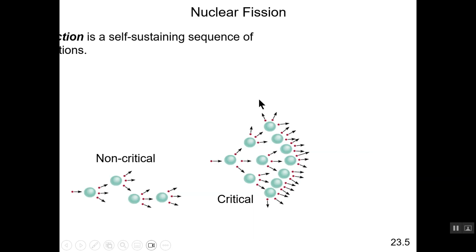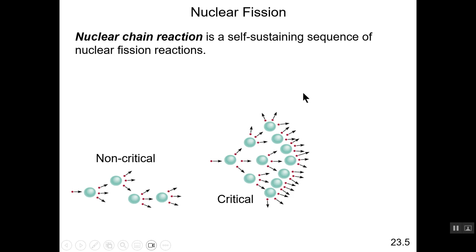Now, some more things we need to say about this particular process. In order for this reaction to produce the amount of energy needed, you need to make sure that within the fissionable material you have what we call a nuclear chain reaction, in other words, a self-sustaining sequence of nuclear fission reactions.